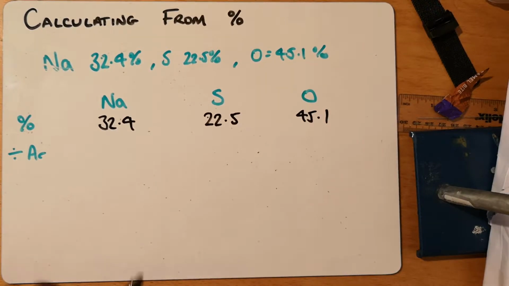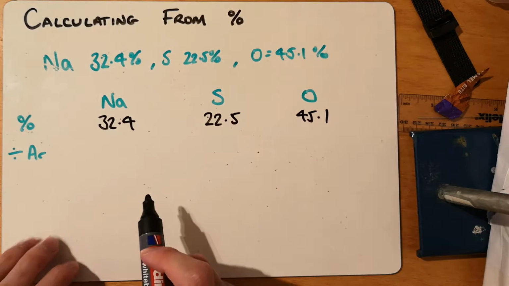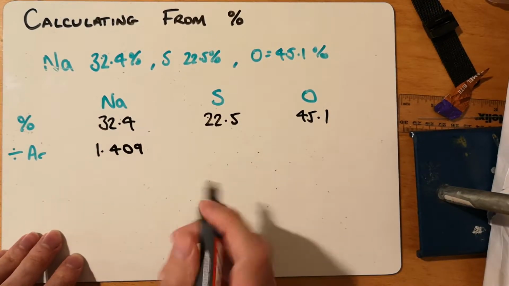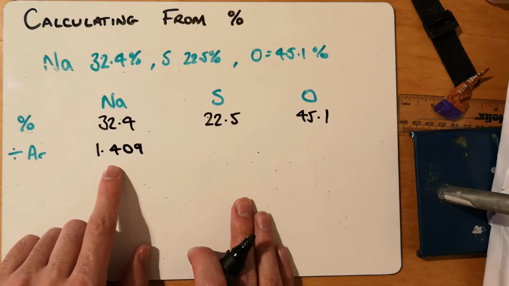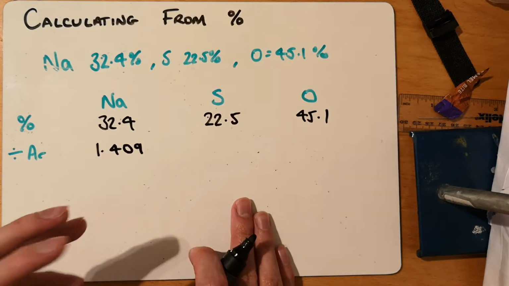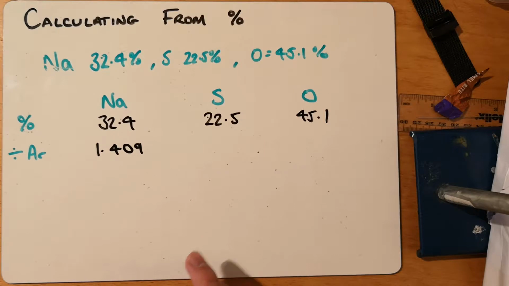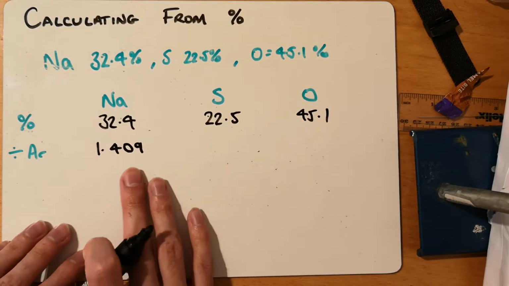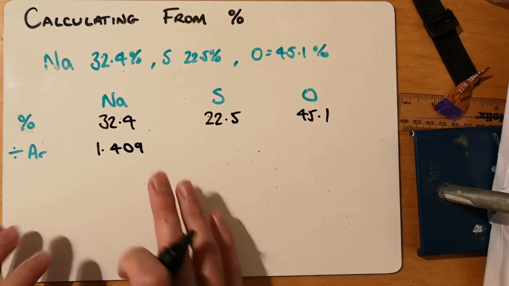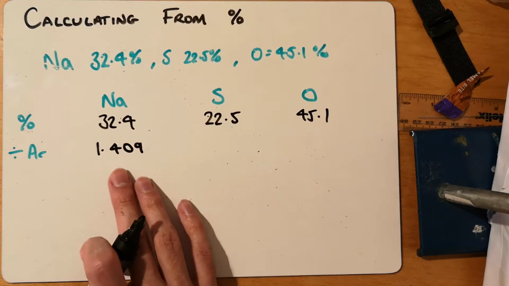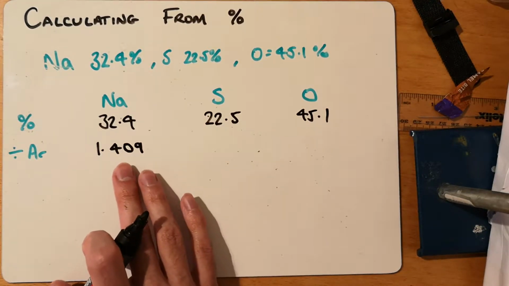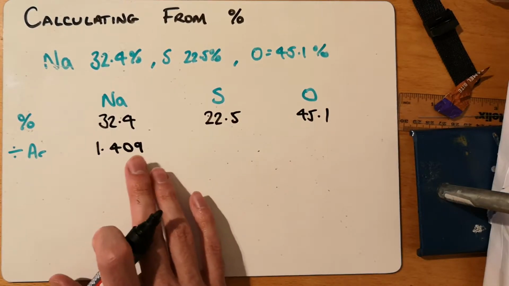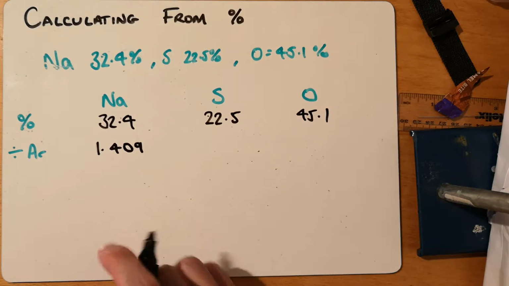So sodium 32.4 divided by 23 gives me 1.409. Now I'm going to 3 decimal places here, and it's always helpful with these to go to as many decimal places as possible. 3 is probably the best number, the one I like to stick with. 2 can sometimes get you into trouble. 1 is best avoided. So 3, kind of the ideal number.